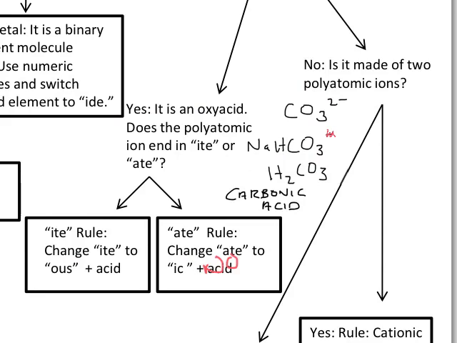So this is not like sodium carbonic acid. This is sodium bicarbonate. So yes, I realize that this is a polyatomic ion with an additional H to it. That is still not quite yet a neutral species because this is a -2. So to get the acid, you need to add 2 hydrogens to it.